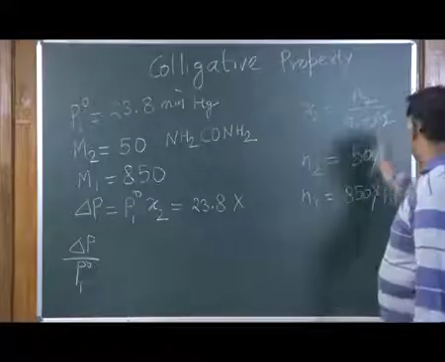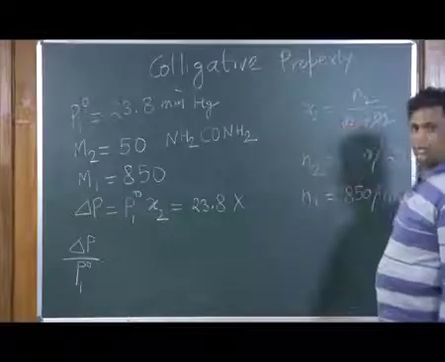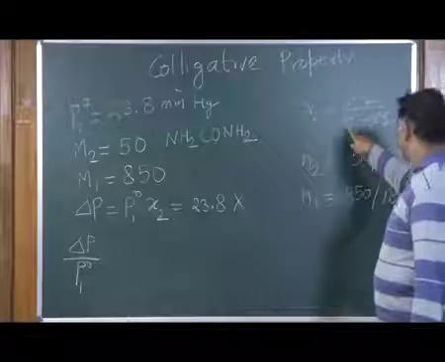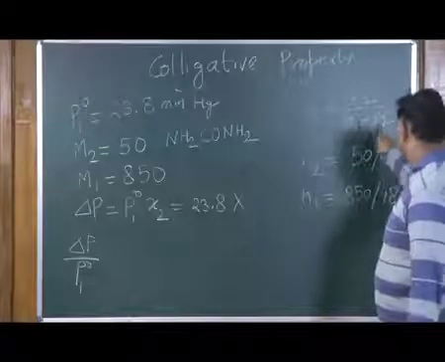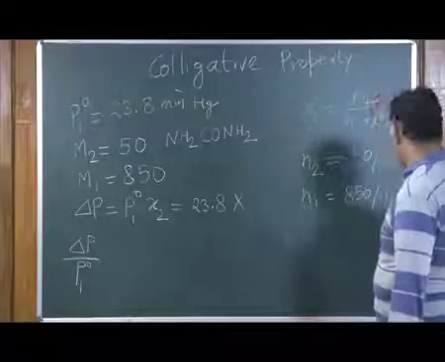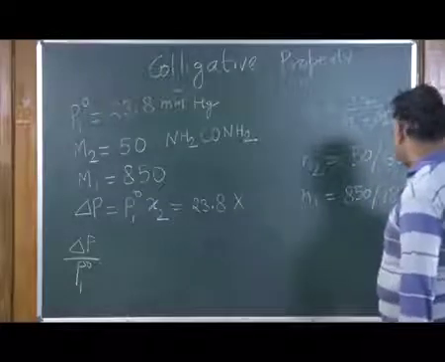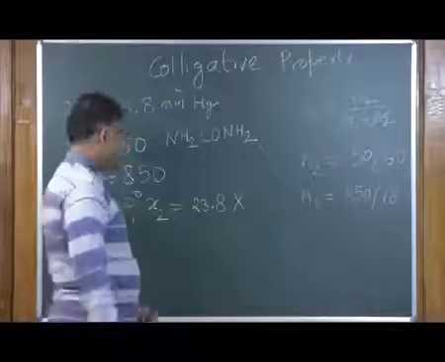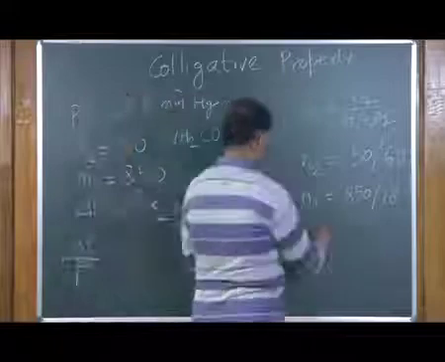So, if I ignore N2 with respect to N1, I am ignoring a quantity 1 with respect to 50. So, this is approximately 2% error, which is acceptable, even though I do not have to ignore. Just for making the calculation simpler, we usually ignore that quantity.